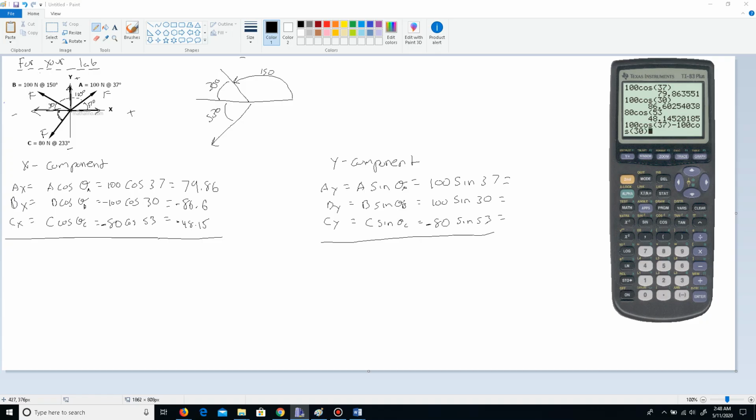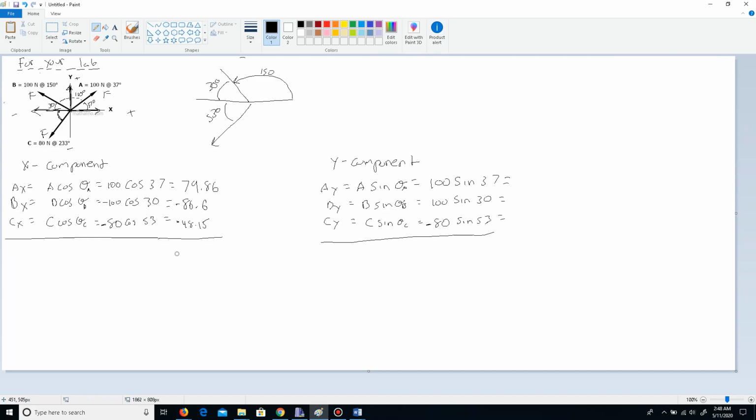I'm minusing it because I know that's going to be negative. And then minus 80 cosine 53. Again, negative 54.88. Which we can kind of make sure on this. 48.86. So if we add these together, we get a negative 7. And that'd be about negative 55. So about that.